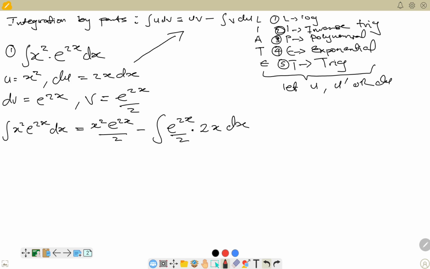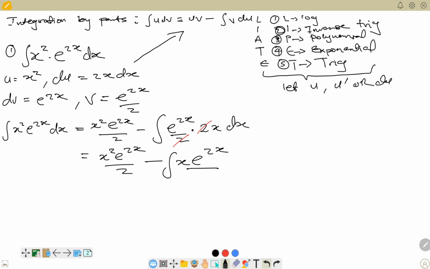So we can see that a 2 and a 2 cancel out in that step. So we can rewrite our integral as x squared e to the power 2x over 2 minus the integral of x e to the power 2x.